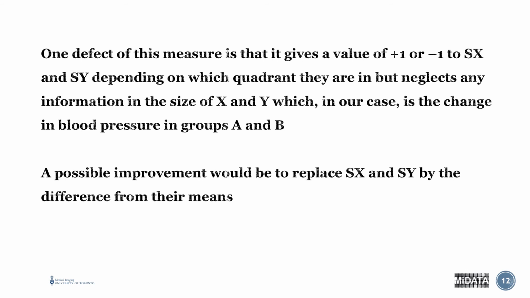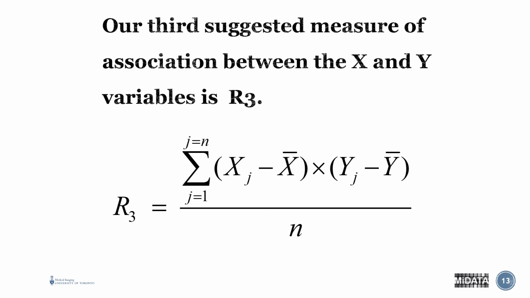And so a possible improvement would be to replace Sx and Sy by the difference from their means. Now, we've seen this before when we were calculating variance. All right, so hang on, we're almost there.